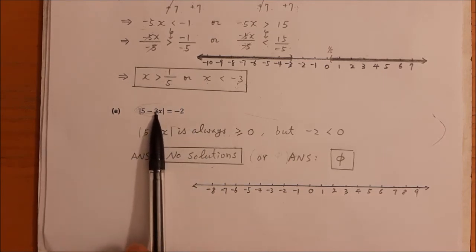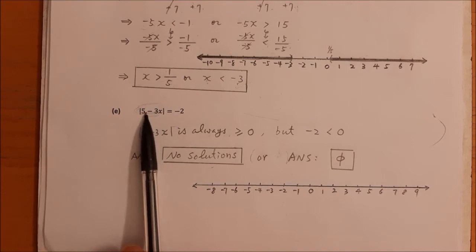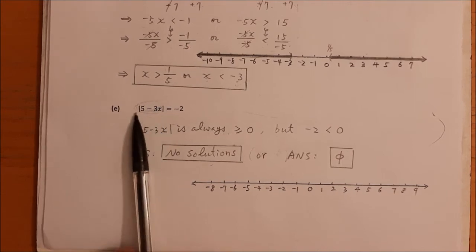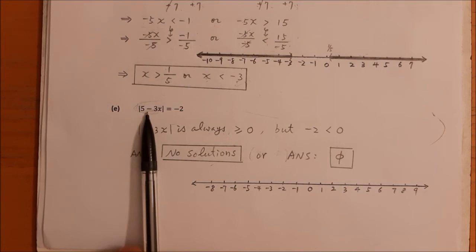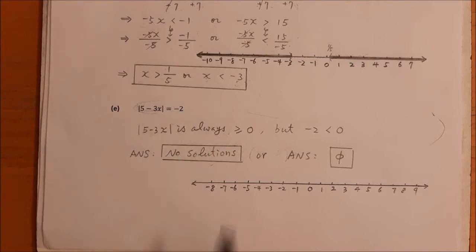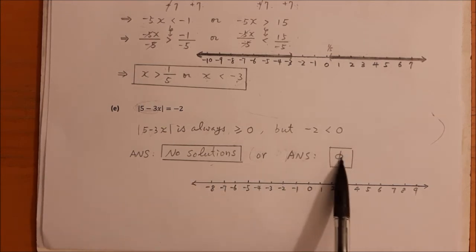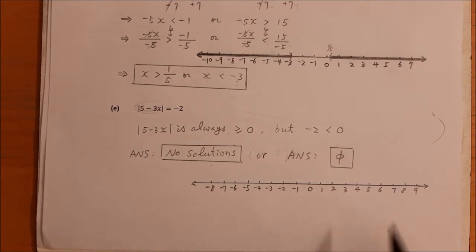Plug it in, times by 3, subtract from 5, take the absolute value, it becomes positive or 0, and it never equals negative 2. So this equation has no solution. You answer no solution, or we call it the empty set.